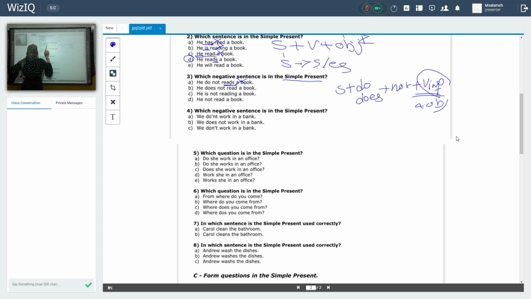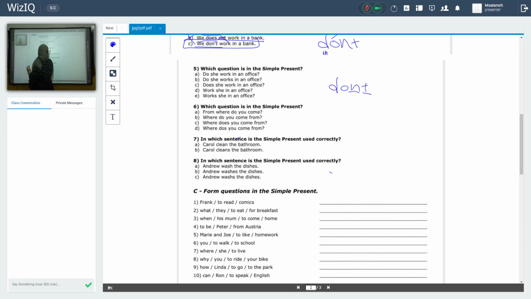He is not, he not without do, so it's a wrong answer. So the right answer is he does not read a book. Which negative sentence is in the simple present? We do not, and we don't. We doesn't is a wrong answer, because when the subject is plural we use do, and here we have does, so it's wrong.